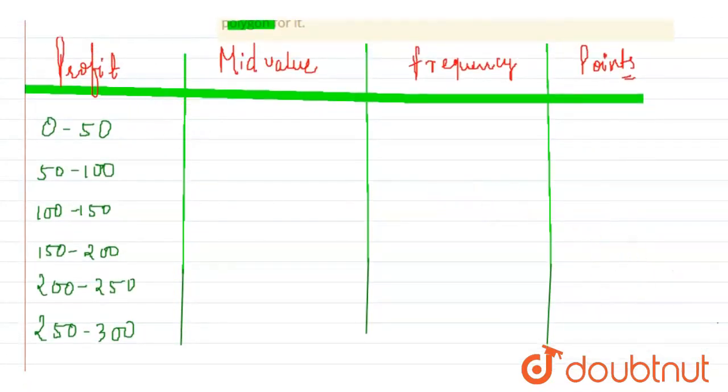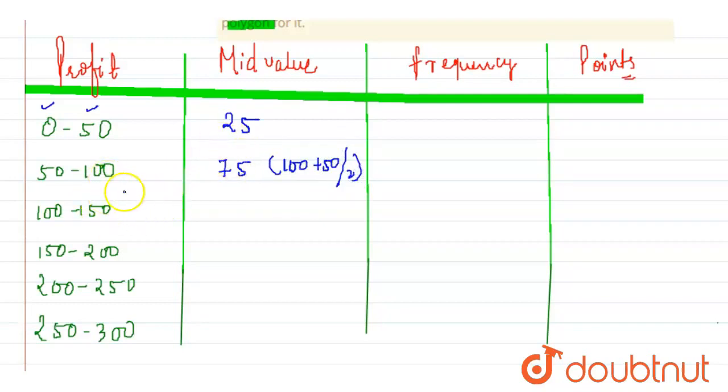So 0 to 50, what is the mid value of 0 to 50? We just have to add 0 and 50, and then divide by 2. 0 plus 50, that's 50, divided by 2, that's 25. Similarly for 50 to 100 we will get 75, because 100 plus 50 divided by 2 gives 75.